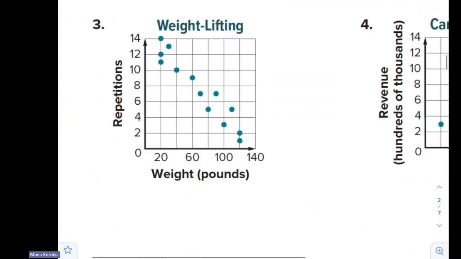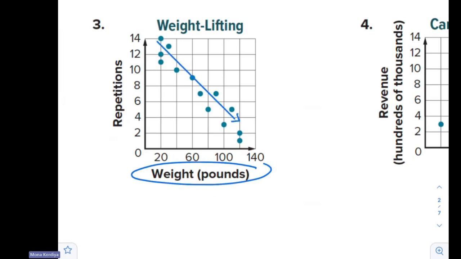If you move here, we can say that there is a relation between the weight in pounds and the number of repetitions. When you hold the weight, the number of repetitions will be less as the weight is going up. So this will show negative correlation.